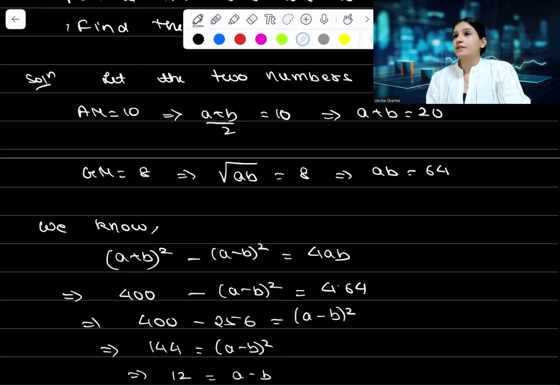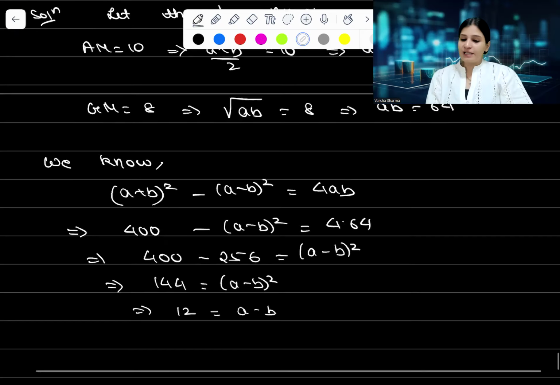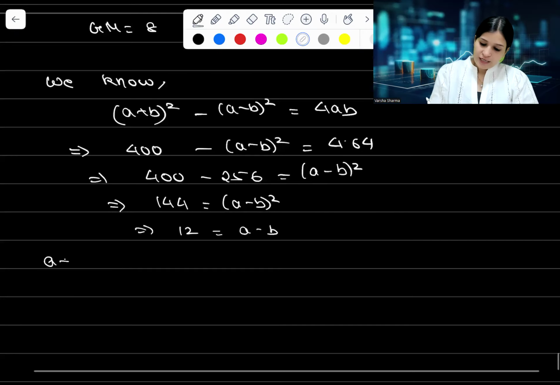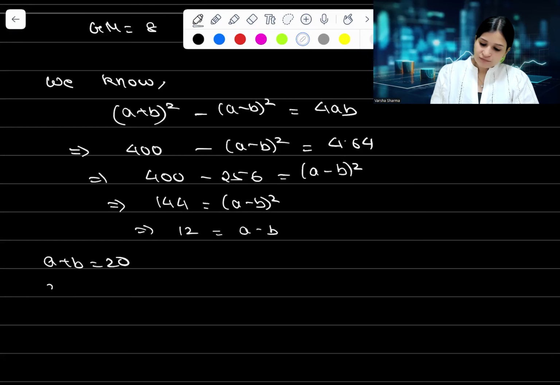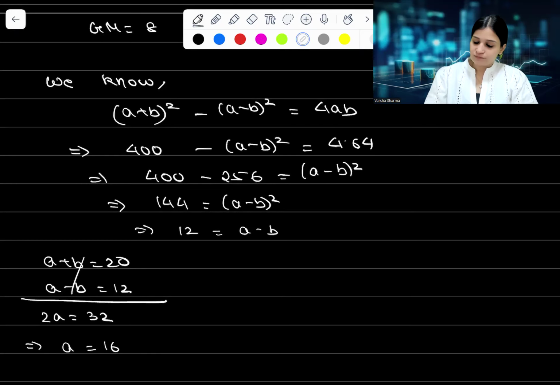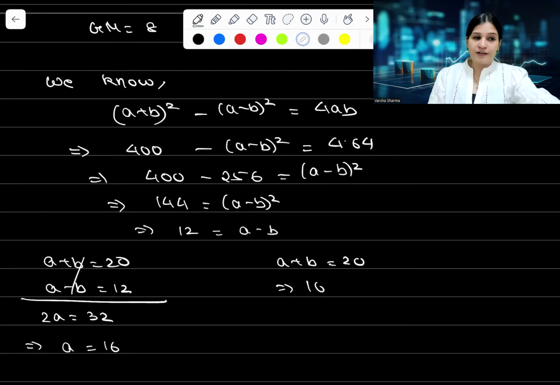Any problem till here? So now we have two good equations. A plus B is 20. A minus B is 12. Use them and find A. Normal linear equation. A plus B 20. A minus B 12. Adding them, 2A is 32. A would be 16. A plus B is 20, putting the value of A, B would be 4.